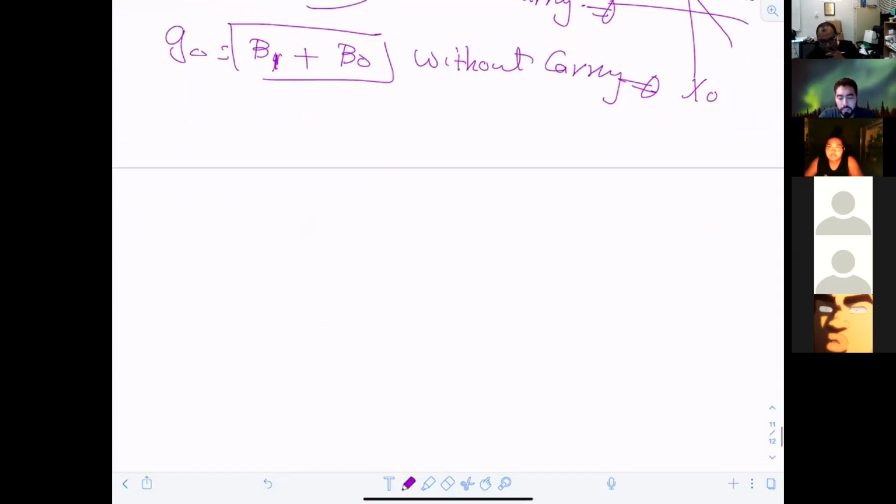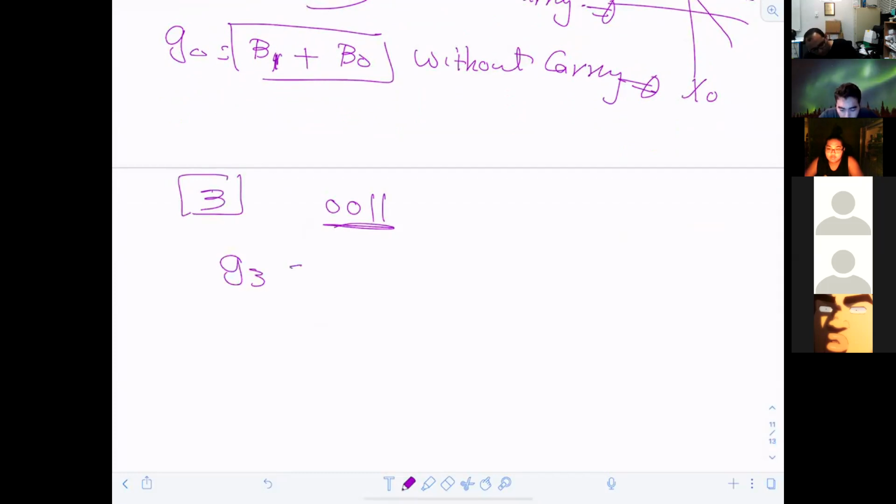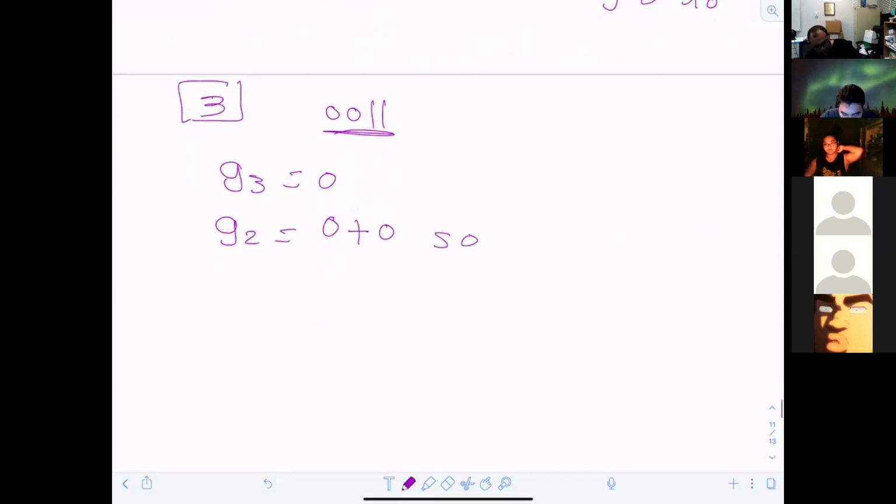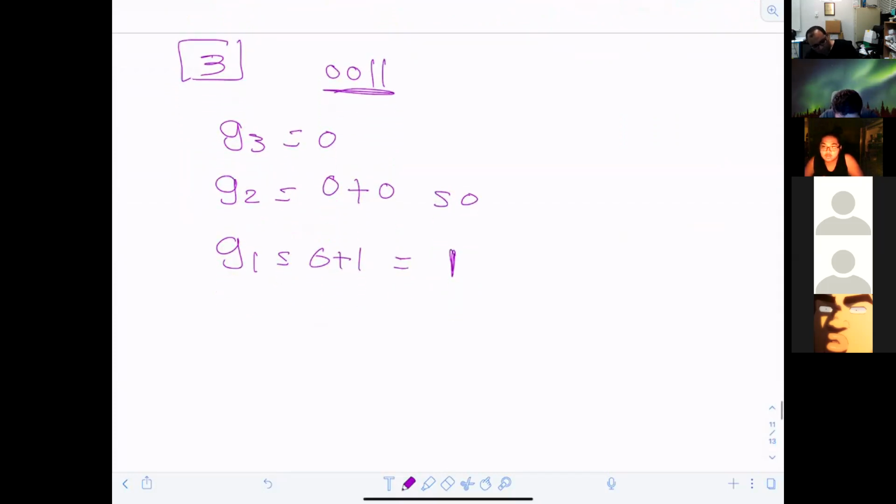Now, let's imagine that I want to send 1100, which is 3, through the Atlantic Ocean using Gray. In that case, G3 is equal to what? 0, right? G2 is equal to 0 plus 0, which is 0, right? G1 is basically 0 plus 1, 1.